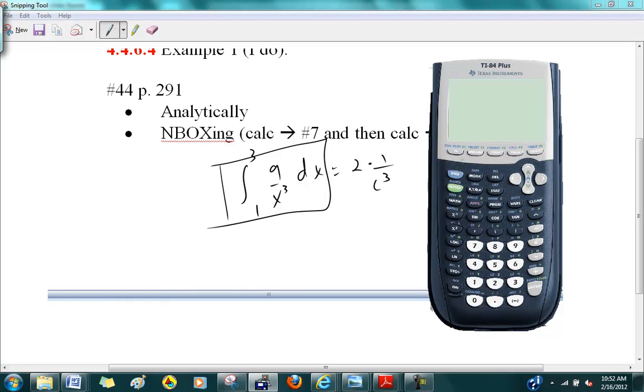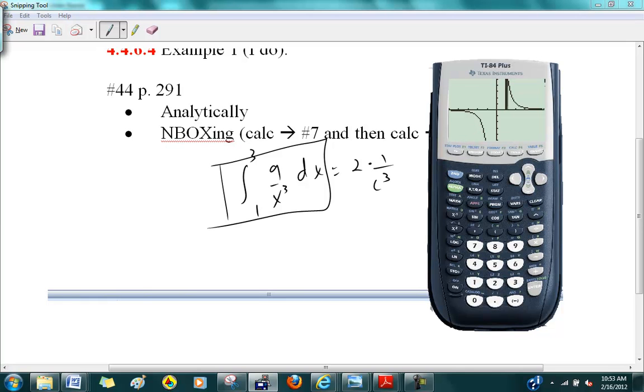You're going to put in y1 equals 9 divided by x to the 3. You're going to graph that, and you're going to do an integral. So you're going to go second calc number 7, that's the integral. The lower limit is 1, upper limit is 3.